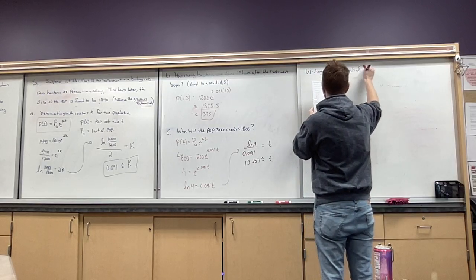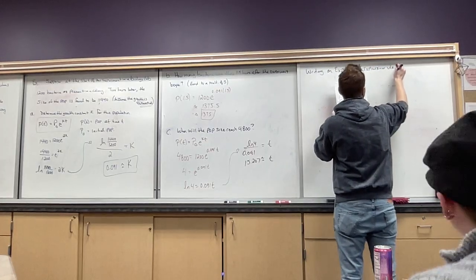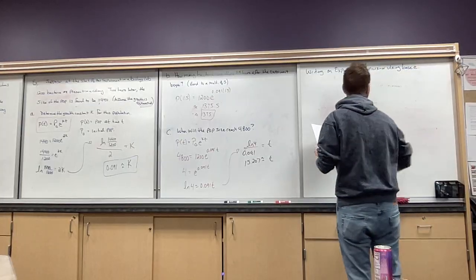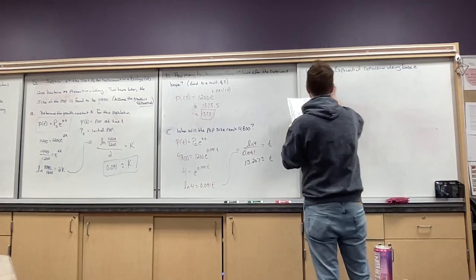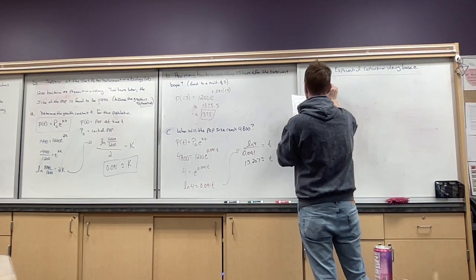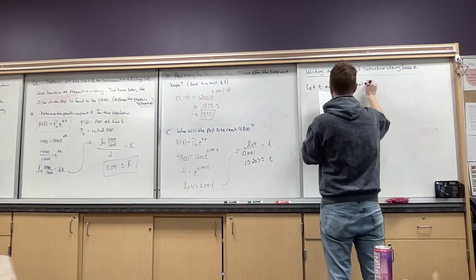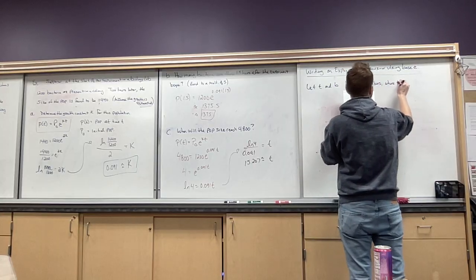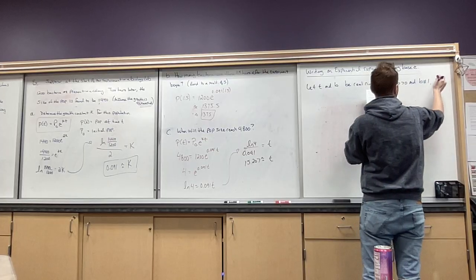Rewriting an exponential expression using base e. Let t and b be real numbers, where b is greater than 0 and b can't be 1.